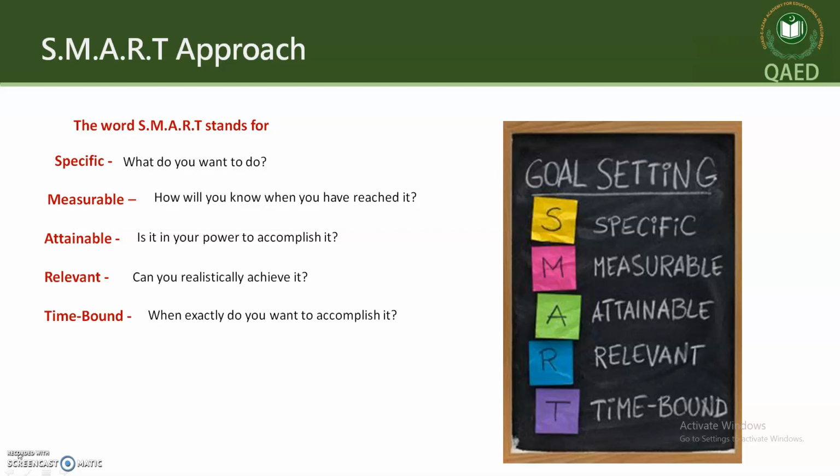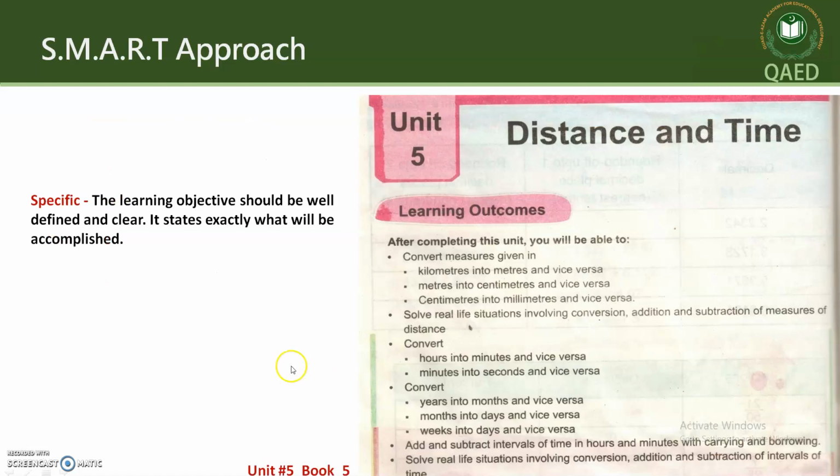Now we read about the SLOs using the SMART approach. The first letter of the word SMART is S, for specific, which means the learning objective should be well defined and clear.